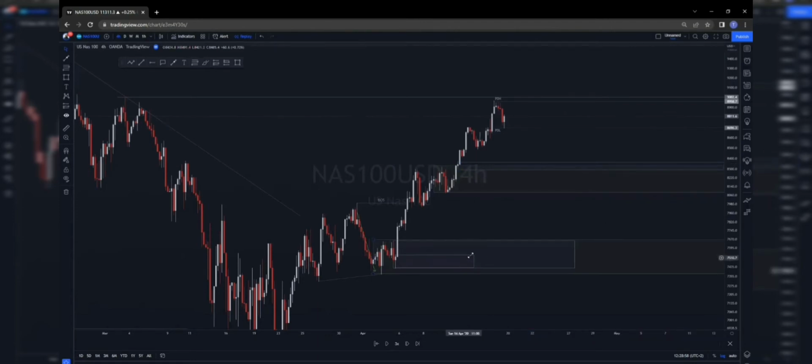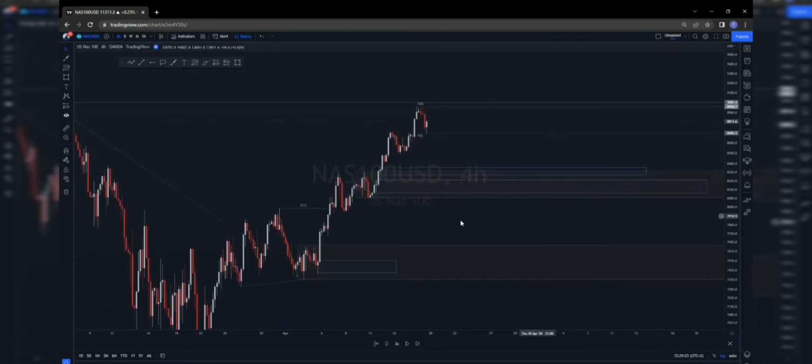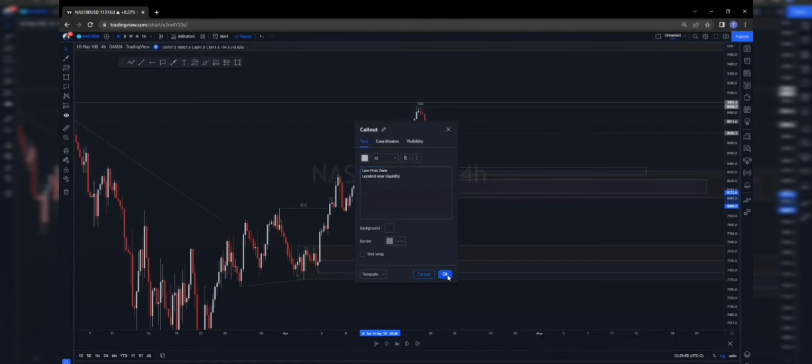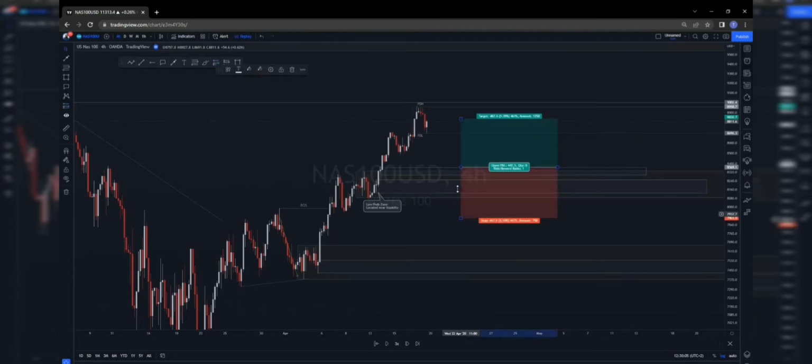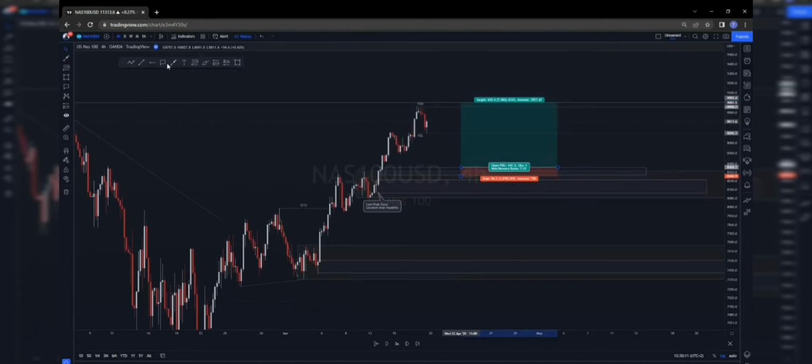And then we have the zone over here. But the problem with the zone over here, it's located near liquidity. So like I said, I always say the market has incentive to take that out. So first, we will take our profit at more liquidity, so that we're not greedy.